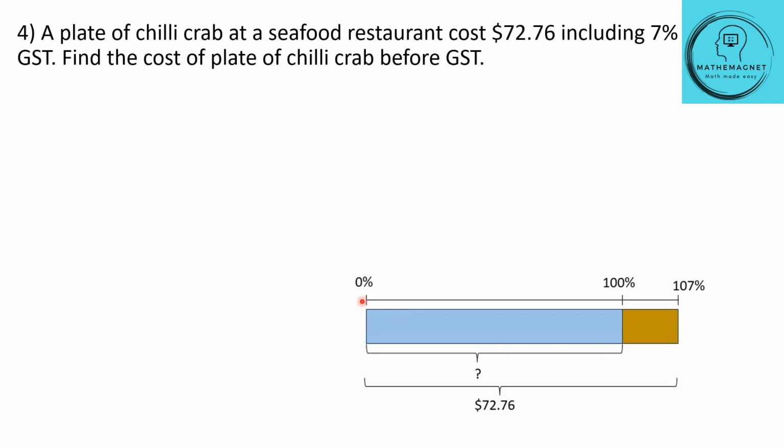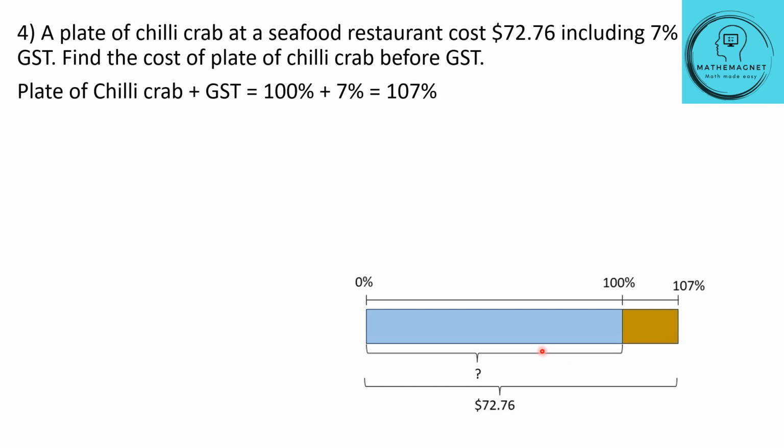Now they want us to find the cost of this, and we know the cost of the entire thing is $72.76. And now we know this cost will be equal to 100% and 7% is your GST. So 107% is $72.76. We need to find how much it is for 100%. So let's begin.